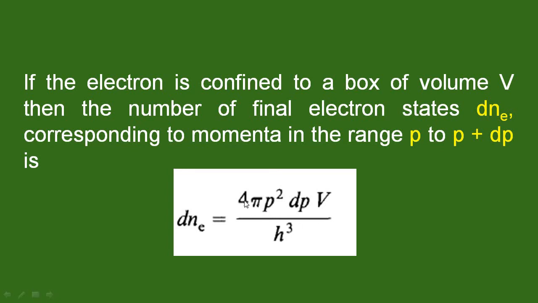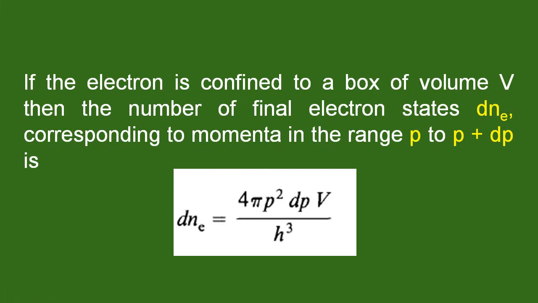You are writing it as 4 pi p square dp, that is the volume of the spherical shell in the momentum space. And if V is the volume, you have to multiply it with that volume V. So, this is the actual thing you will be getting. And we are dividing it with h cube.